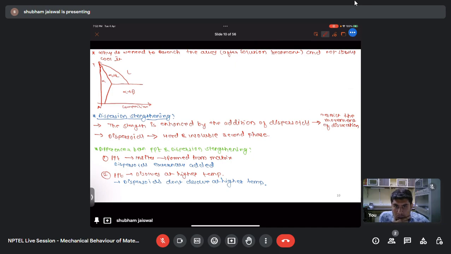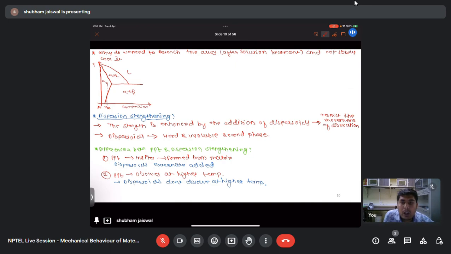So, if we heat the material and solution treat it, in this region, let's say my composition is C naught, and we have solution treated it.